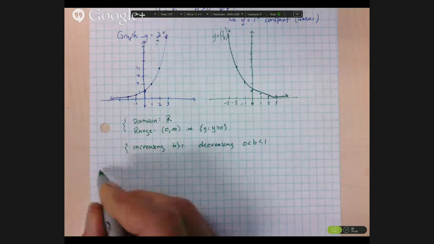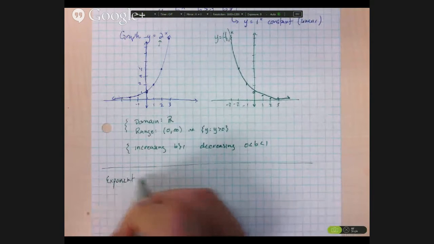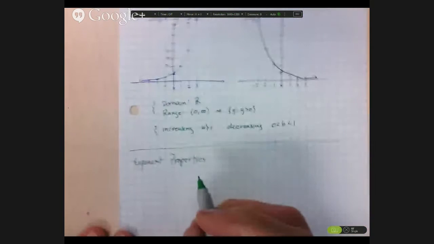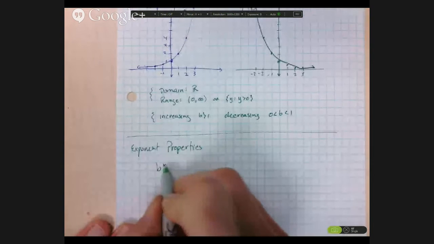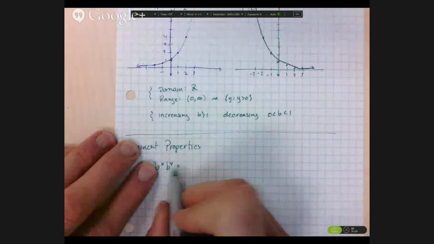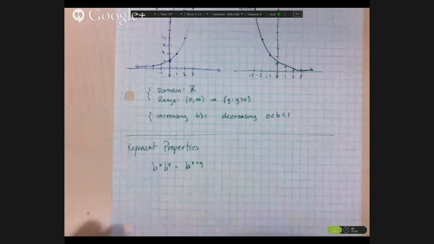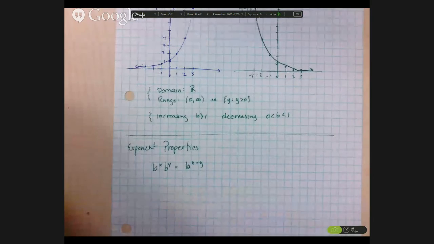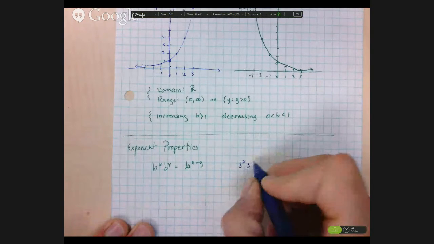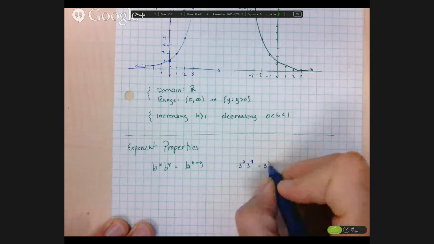Okay. Let's look at the properties of exponentials. Exponents. Okay, by far and away the most important one. If you multiply those two with the same base, you're adding the exponents. Okay. So an example here, I have 3 squared times 3 to the 4th, I get 2 plus 4.